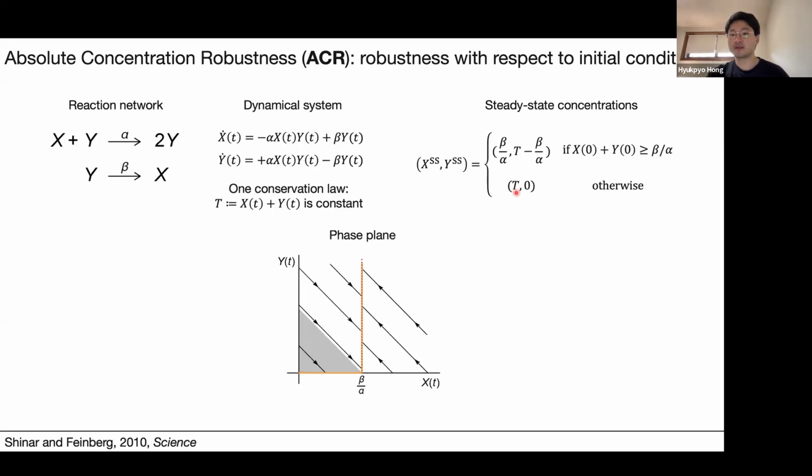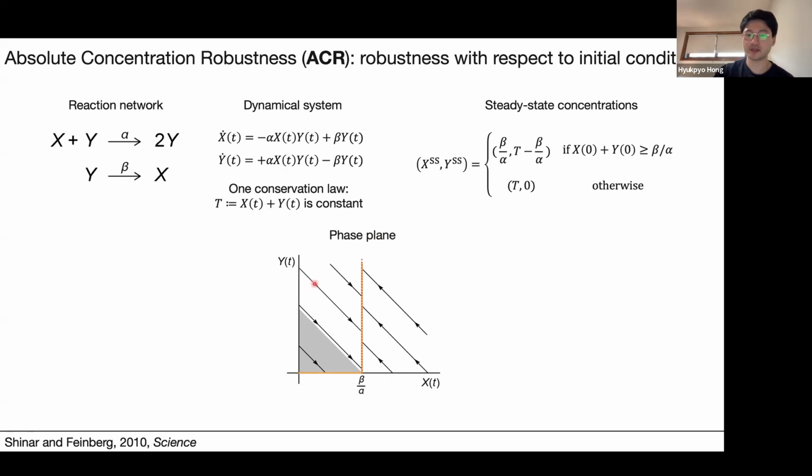Based on this steady state concentration formulation, we can draw a phase plane. You can see that these two orange lines form the set of steady states on the xy plane, or non-negative orthant here.